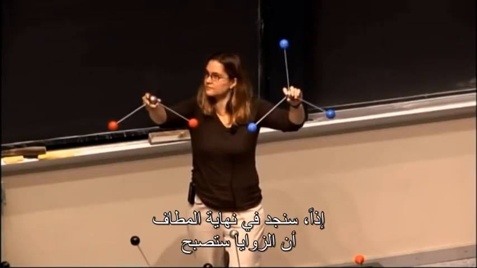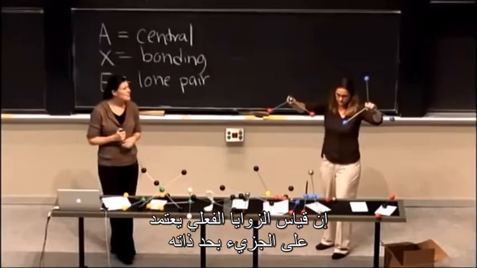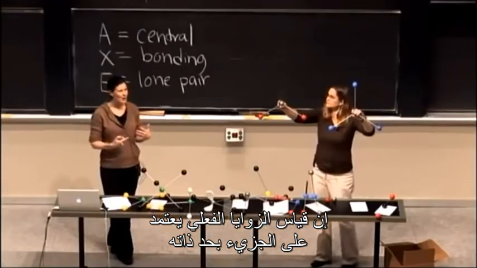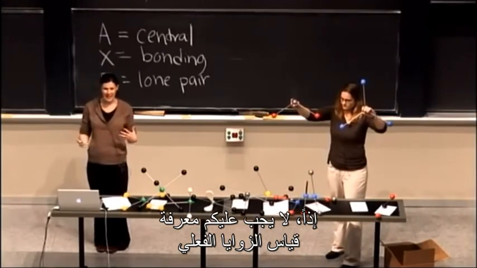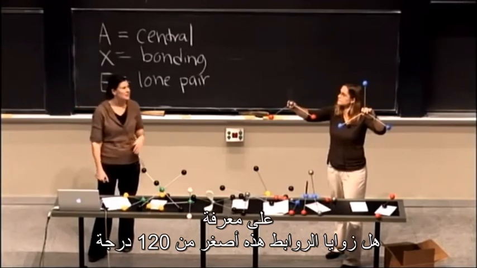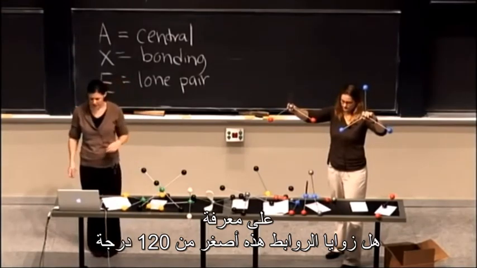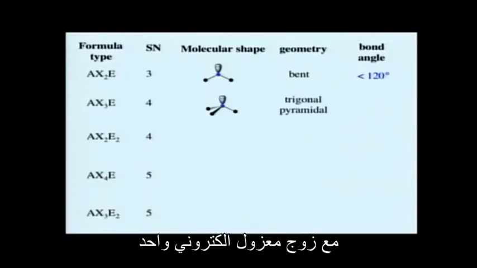So what we end up seeing is that they're going to be less than 120 degrees. And it depends on the actual molecule what the exact angles are going to be. So you never have to learn the exact angles in terms of lone pair electrons. You just need to be able to tell us that the bond angle is going to be less than 120 degrees.